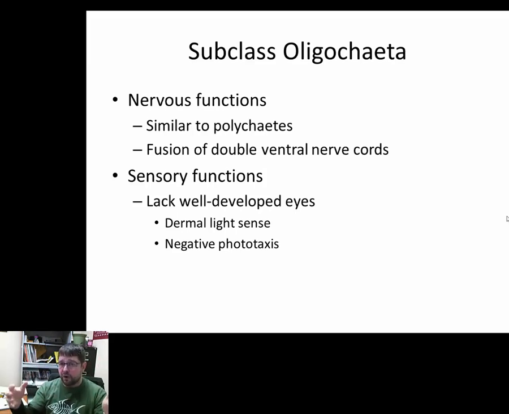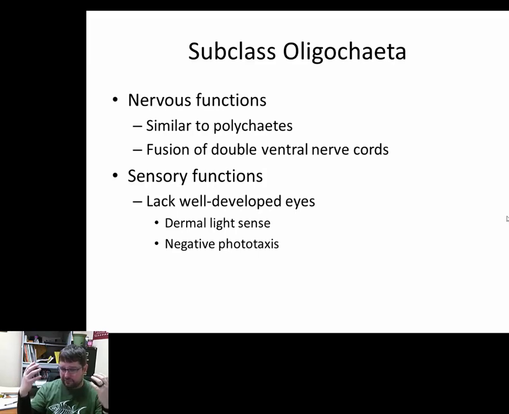Most oligochaetes present with what we call negative phototaxis. They can sense light and they move away from it. So even oligochaetes that occur in aquatic, freshwater environments are still moving away from the light. They don't have technical eyes.